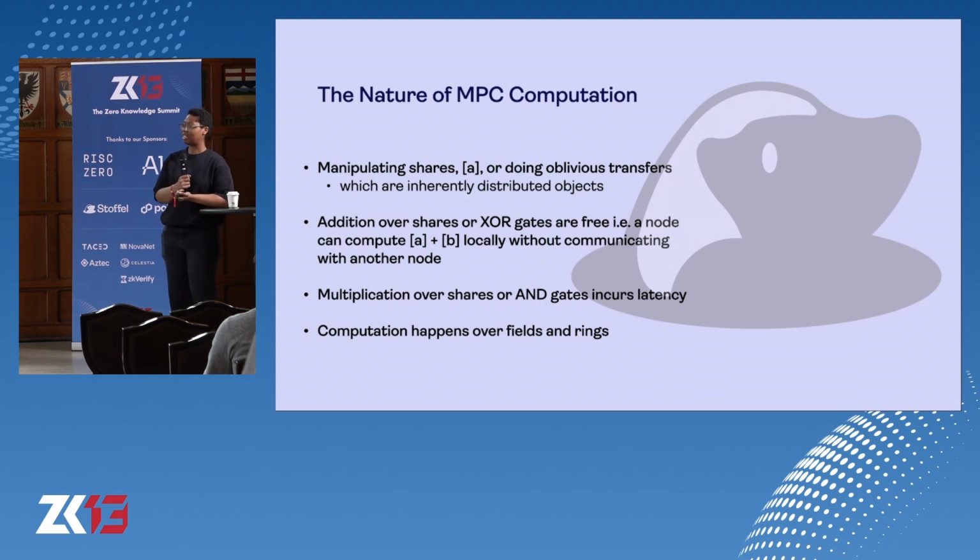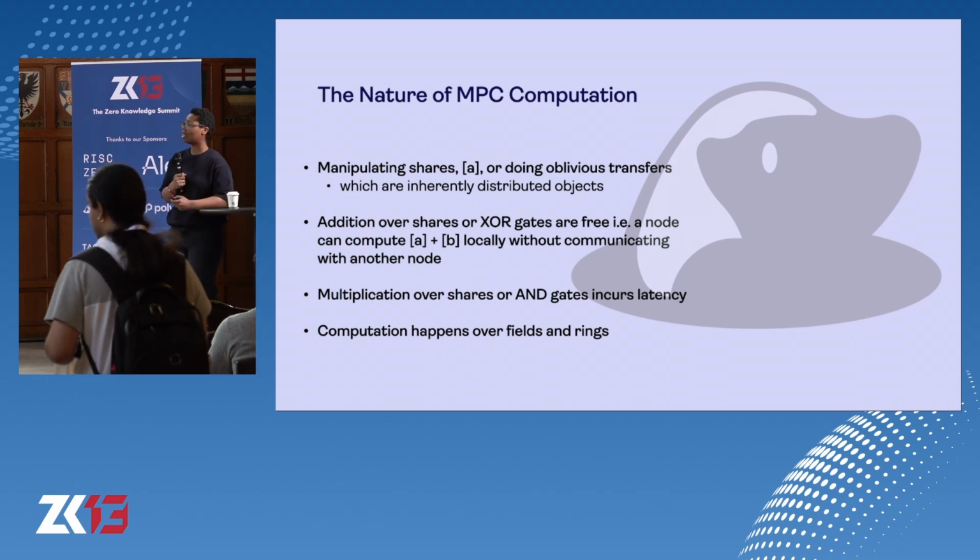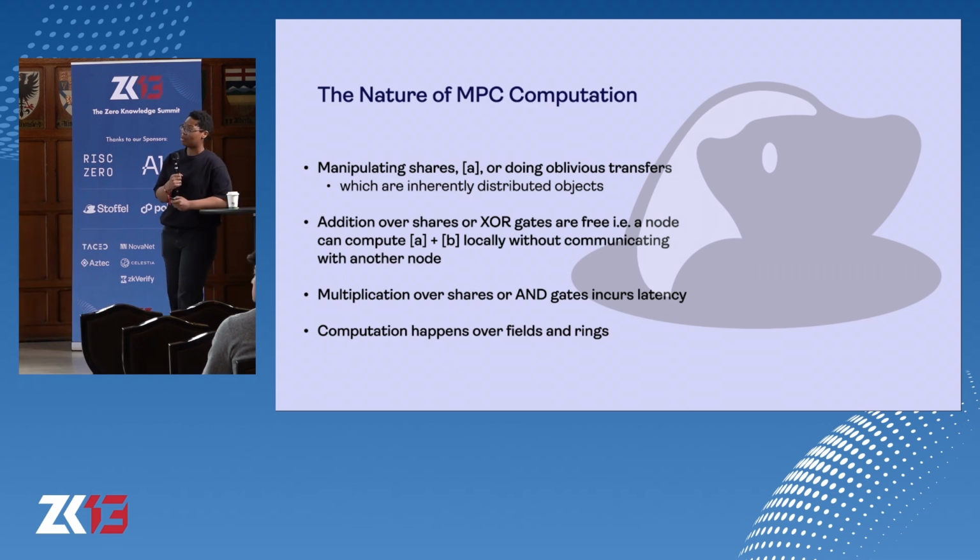So fundamentally, the nature of MPC computation is such that you're basically operating over either shares or doing oblivious transfers. And these are inherently distributed objects that you pass around to other people in your network.